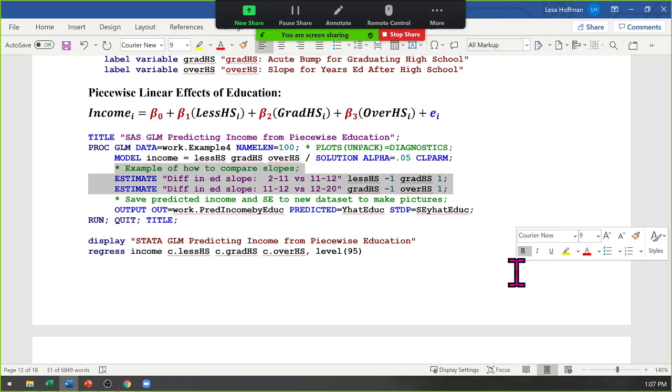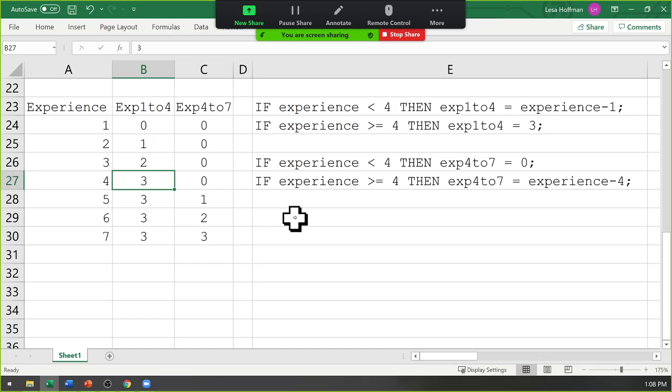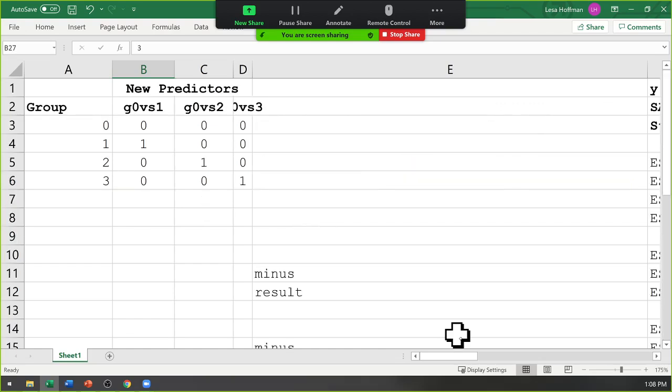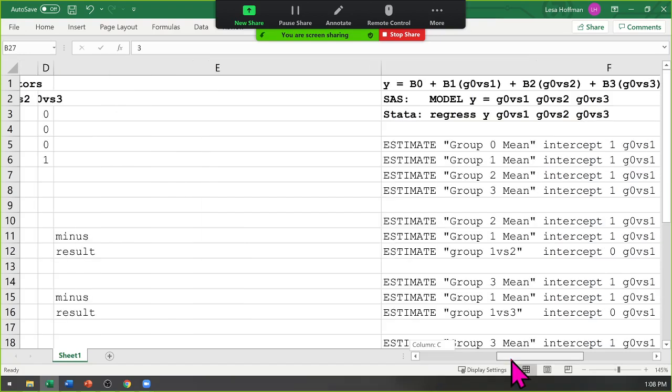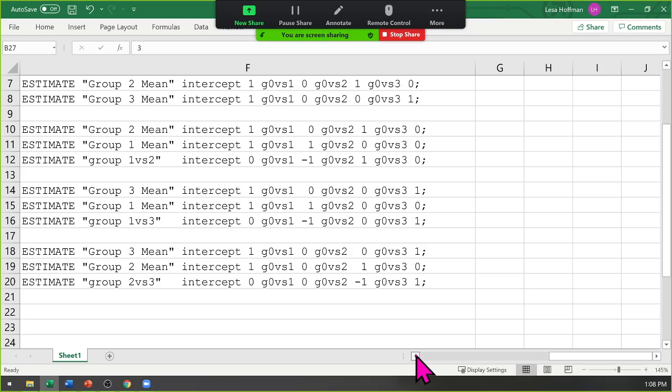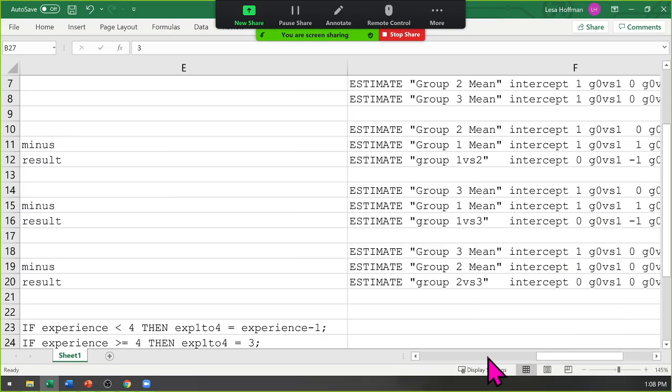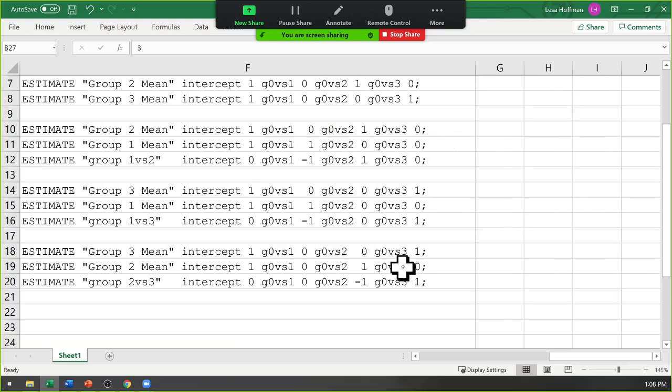And this looks a lot like the same coding pattern that it took to get differences between the non-reference groups. So if I return back to my spreadsheet for just a minute here, the part that we worked on last time, there we go.